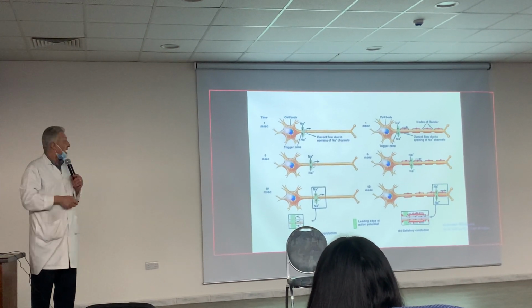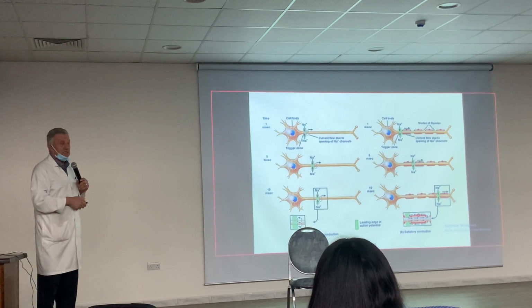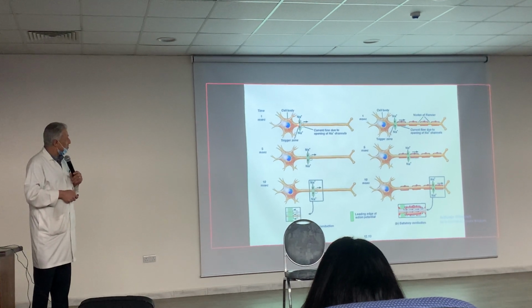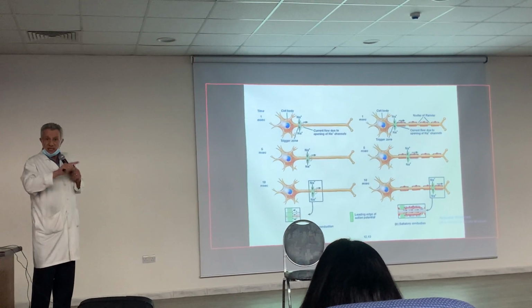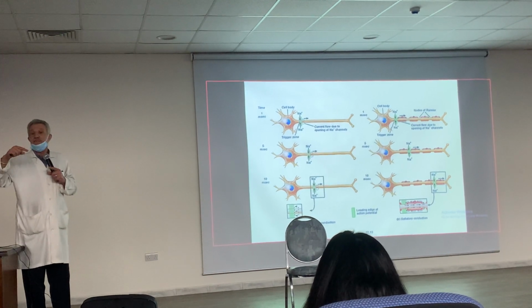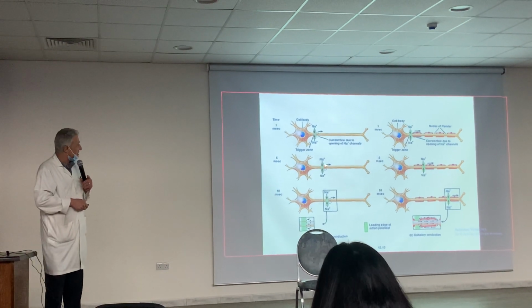Once you have depolarized that region, reaching the threshold, this region now is developing that action potential. The same thing happens with the nearby region here. Currents causing depolarization. Once you have reached the threshold, developing a new action potential in that region.